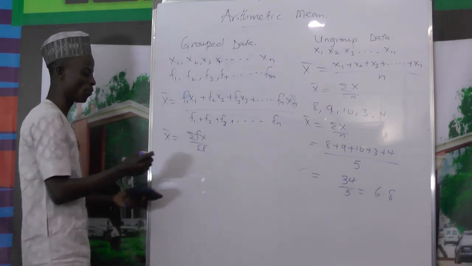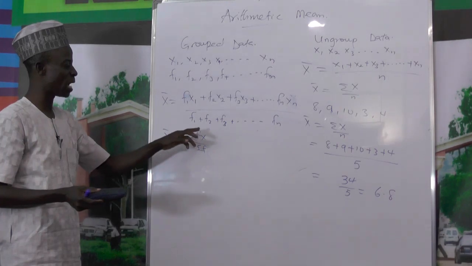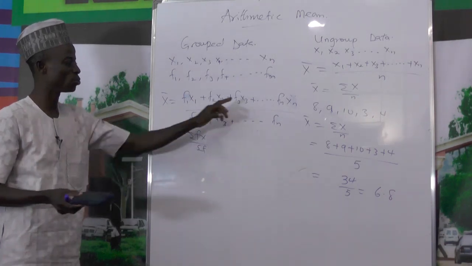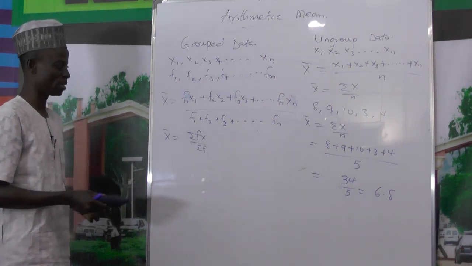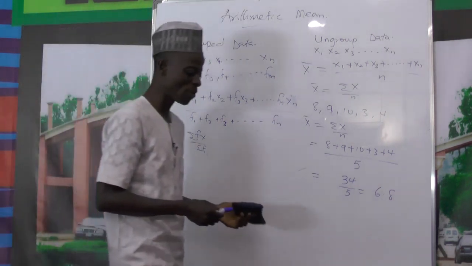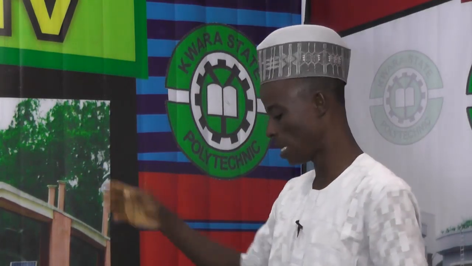That is the sum of your frequencies. The numerator is the multiplication of your frequency and your observation, added together, divided by the addition of all your frequencies. So this is the formula for computing the arithmetic mean for grouped data.